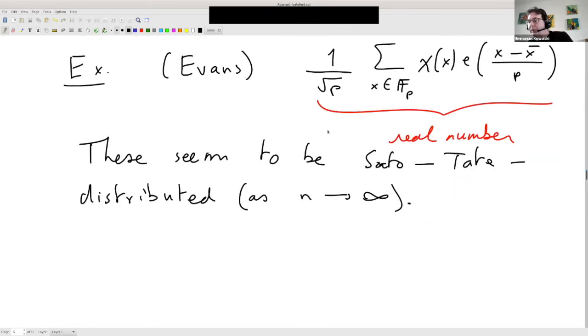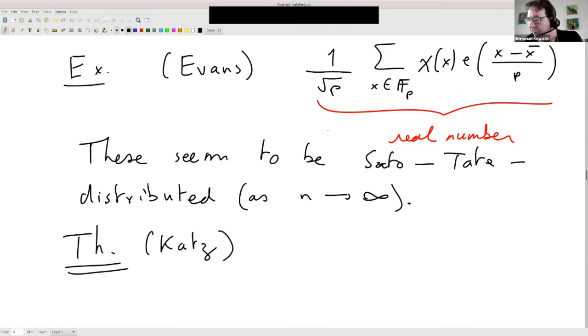This is computation that you can do for pretty large values of n, or letting p go to infinity in some sense. And numerically, the experiments are very convincing. And so in the end, Katz, in his book, between 2003 and 2011, managed to understand how one could prove actually such a theorem. So it's a really remarkable insight that something like this can be done. So something like Deligne works.